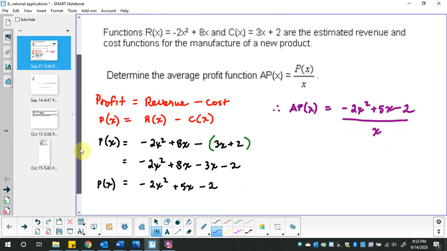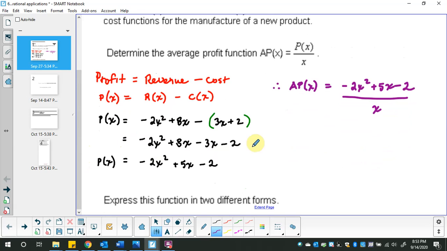Until that point, there weren't any fractions, so that means that you didn't have a rational function until right now. Now, I'm going to label that form number 1, as in this is one way you can write the formula. But the next question is to express this function in 2 different forms. So we need to make 2 different looking formulas for this purple version.